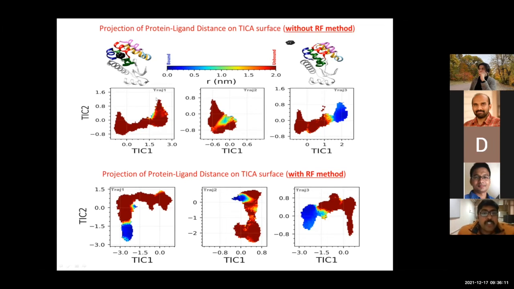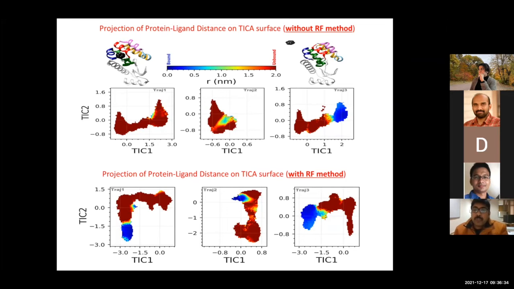When we used the standard procedure, it did not separate the bound and unbound states in trajectory 1. In trajectory 2, there was a mixing of states, like blue becoming cyan or light blue, which means there is a mixing of conformations. But in trajectory 3, we have the separation of events, with the bound state separate and the unbound state separate.